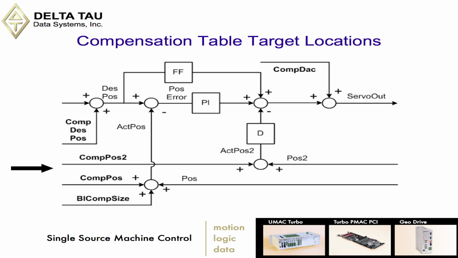There's compensating the velocity part of the loop, the inner loop. There's backlash compensation going in on top of position compensation. And then here we are coming to the direct output of the PID loop, and there's where the comp DAC register is.